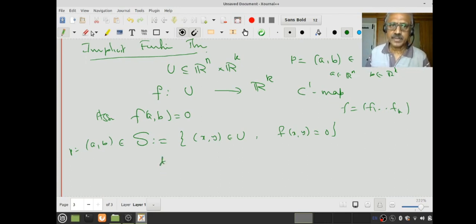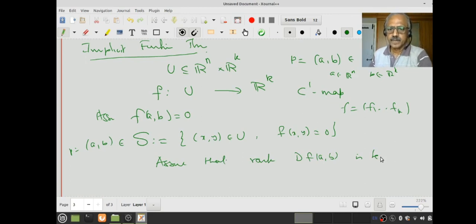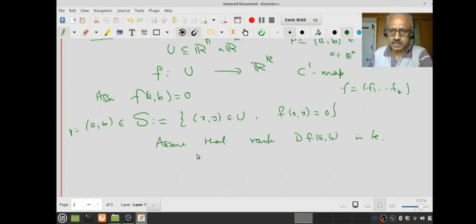So when can it happen? We already know that. Look at the derivative of f; it must be of rank k. Do you remember that? So assume that the rank of df at (a, b) is k. Then I want to say the dimension of S is n. Pay attention.